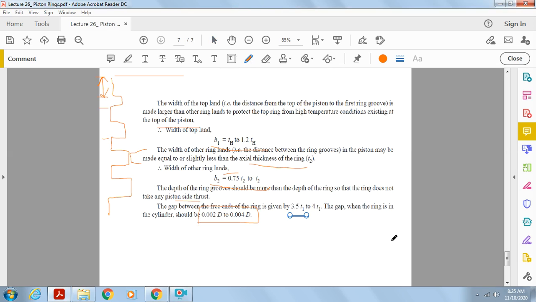So this is all about the different design guidelines for the piston rings, and you can notice that every particular dimension has some design data and design method. Of course, you have to remember all those important data and dimensions, because these empirical relations will not be provided in the numerical question.